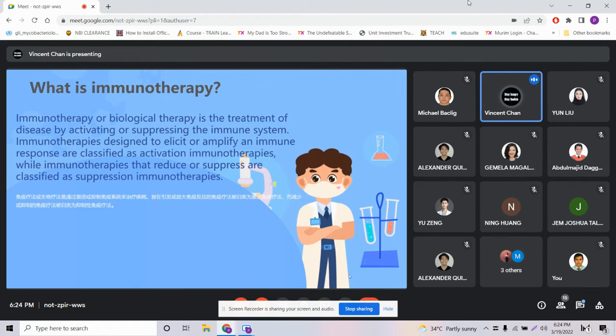Okay, next page, let's look at the definition of immunotherapy. Immunotherapy or biological therapy is the treatment of disease by activating or suppressing the immune system. Immunotherapies designed to elicit or amplify an immune response are classified as activation immunotherapies, while immunotherapies that reduce or suppress are classified as suppression immunotherapies.